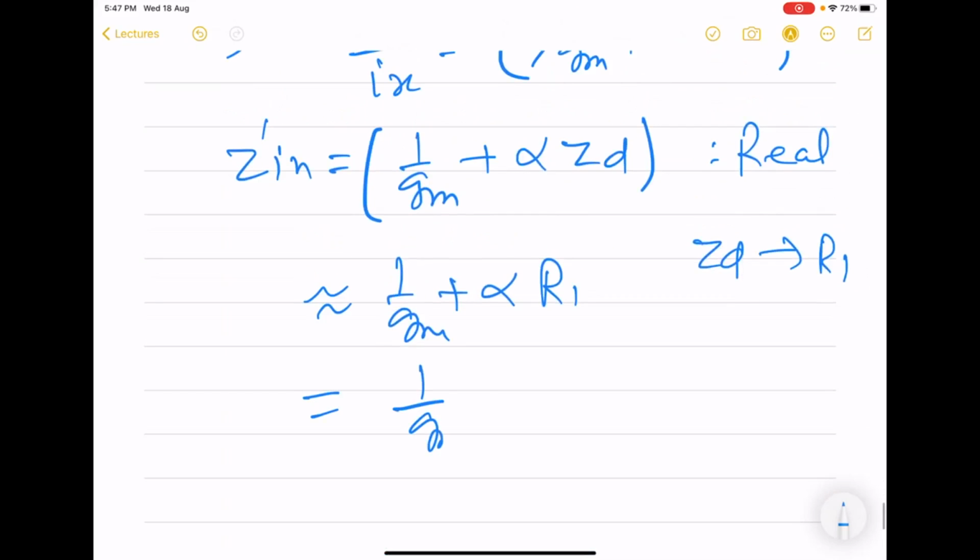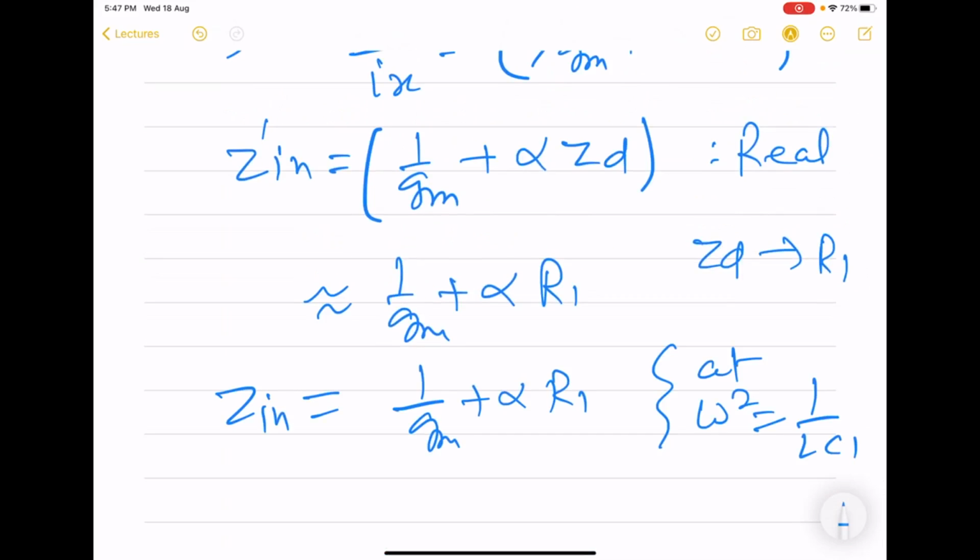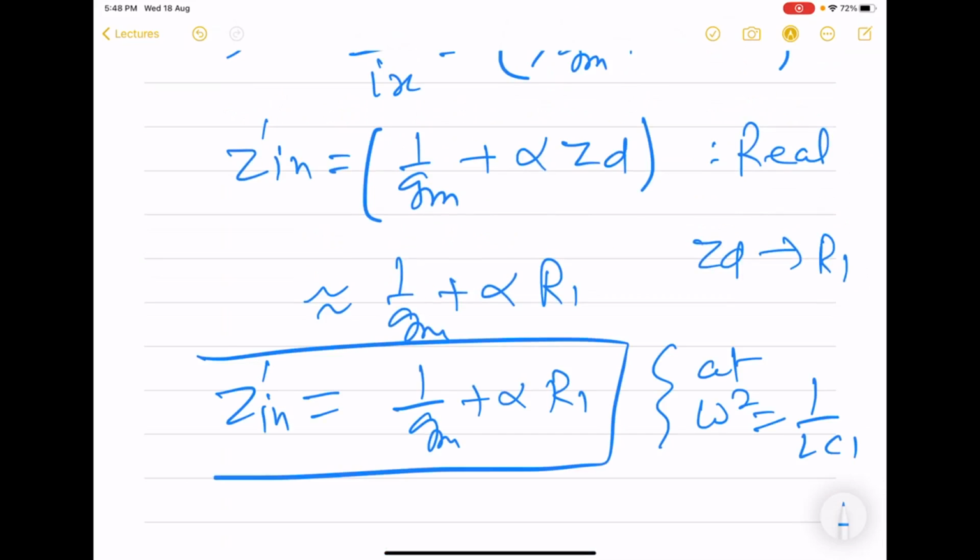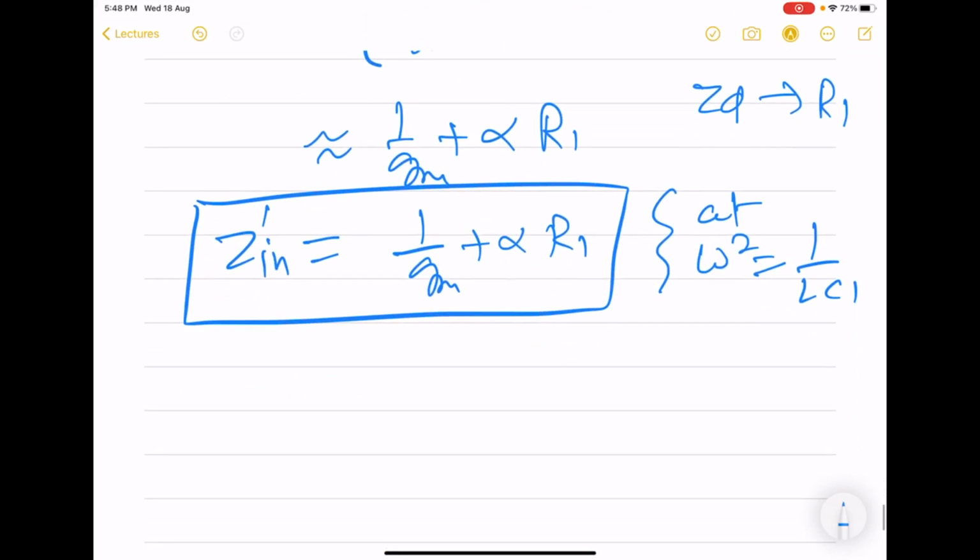Another way of getting this real is at omega square equal to 1 by LC1. So now we can see that we have two parameters, Gm and alpha, to decide the input impedance.